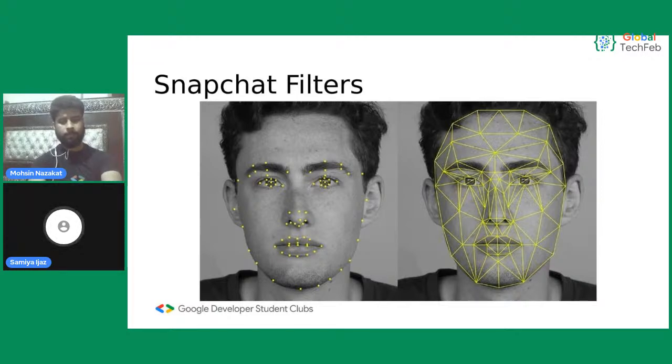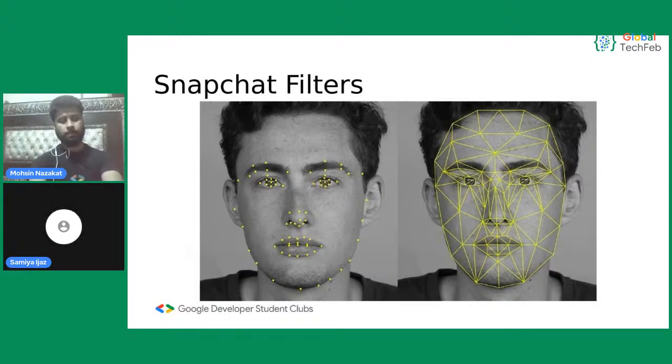Recently, Snapchat has also launched SnapML. It's a specific platform, a tool that uses machine learning algorithms to create lenses, which are actually the filters. So the filters we are using on Snapchat are all about machine learning.